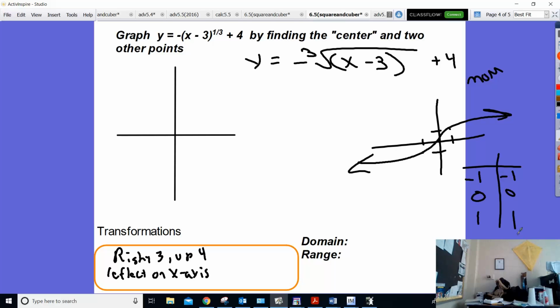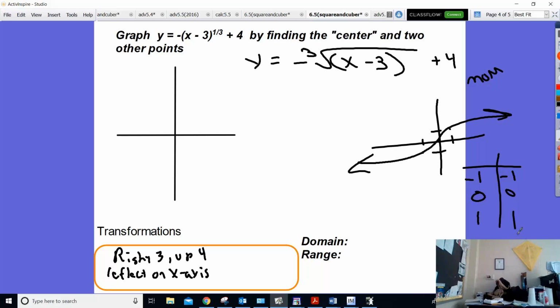The reason I redrew mom is because mom has a center. Then you have an x value right before the center and an x value right after the center. It's the same exact thing I'm going to do when I graph the table with my child. Just focus on the attributes that mom has.